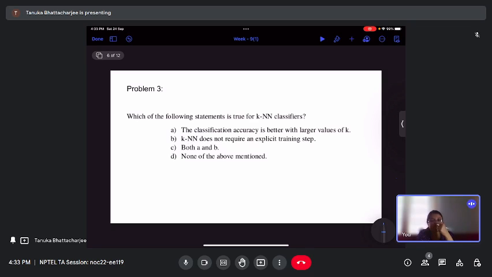Okay, so the first statement that we see here is the classification accuracy is better with larger values of K. This is indeed true. What you do in a KNN classifier is, when you have a point that you need to classify, you take the distance of that point with all the training samples and you select the lowest K number of distances.